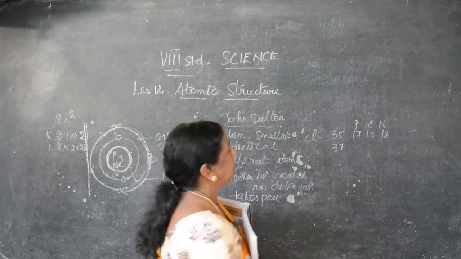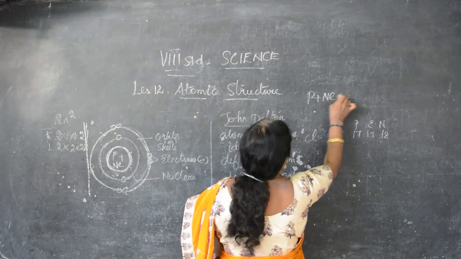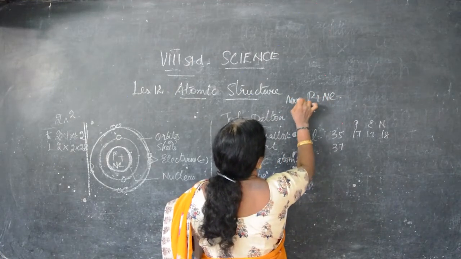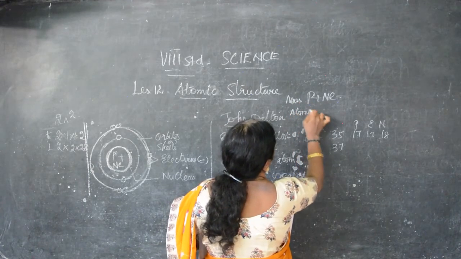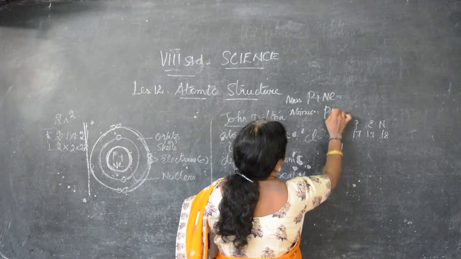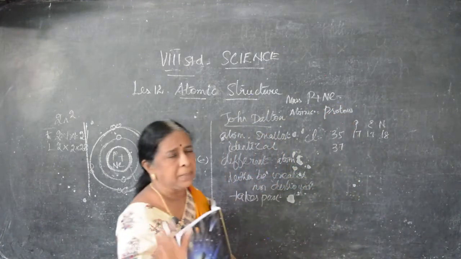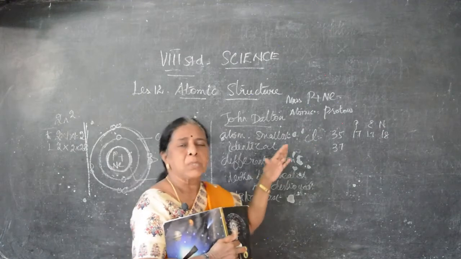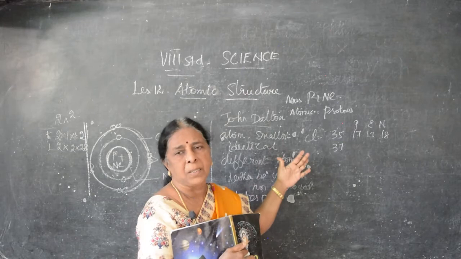So, what is mass number? Proton plus neutron is known as mass number. The number of protons only is known as atomic number. As per John Dalton's theory, chlorine has identical atoms. But here, chlorine has different atoms.